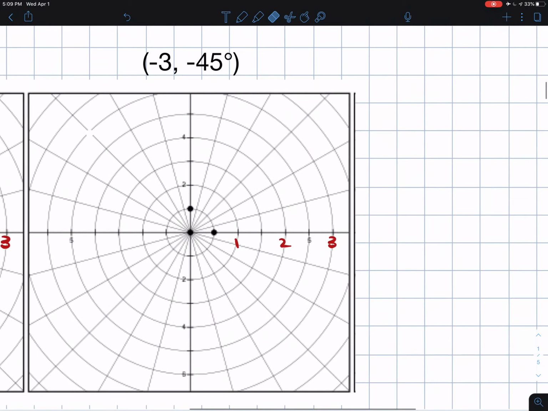And the backdoor spoke is going to be this guy right here. So there's my backdoor spoke. And I want to use still ring 3. So we're going to follow ring 3 all the way until I get to this spot right here. I'll put a coordinate there. And that's going to be my coordinate on ring 3 at the backdoor spoke of negative 45 degrees.